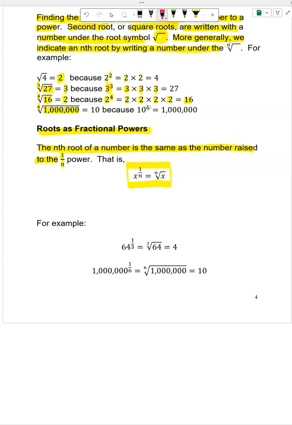Okay. So remember I said we're lazy mathematicians. So x always has this little 1 power right here, right? You see that 1 power is right here. This is the root. So when you rewrite it, the root goes on the bottom. That's how you get 1 over n, right?